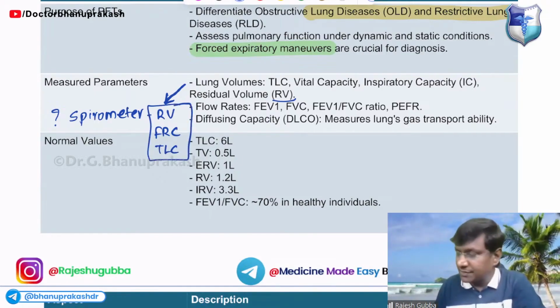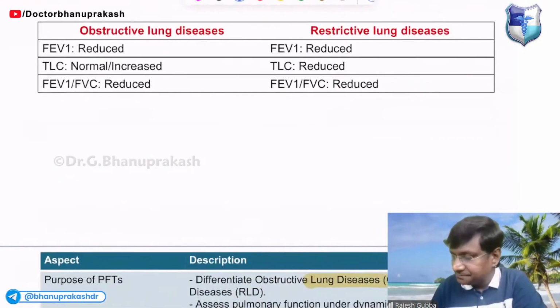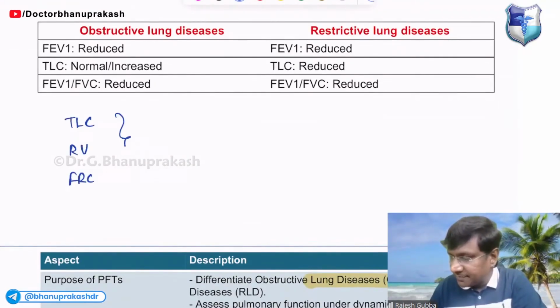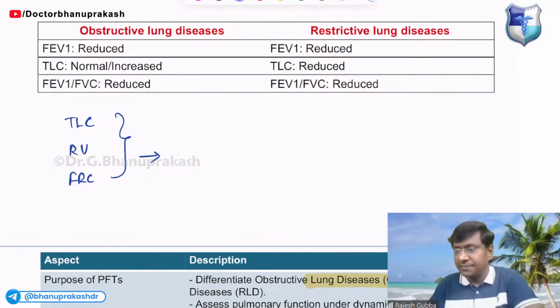Now, the quick question is, the residual volume, functional residual capacity, and total lung capacity are measured by which instrument or equipment? Anyone, please?